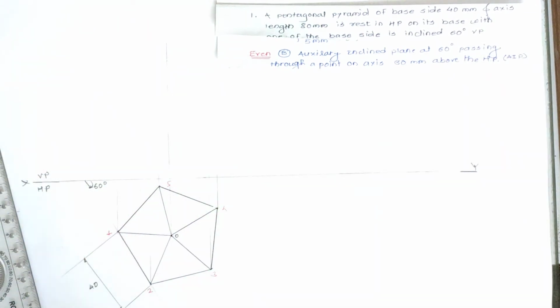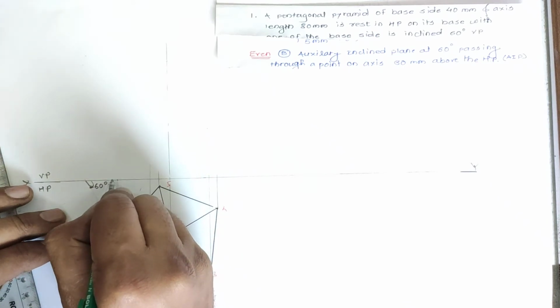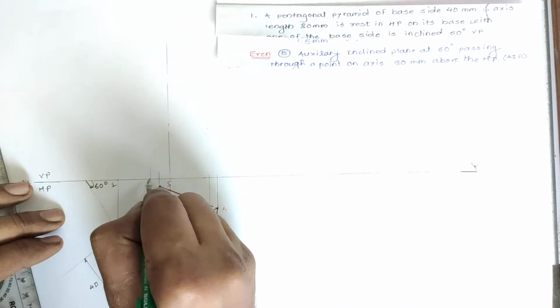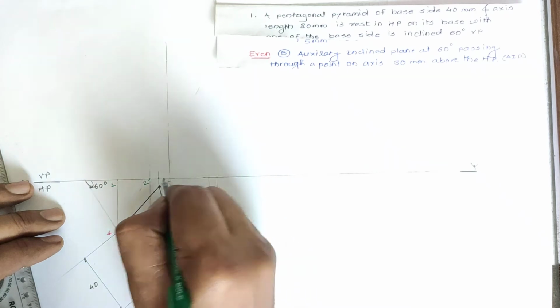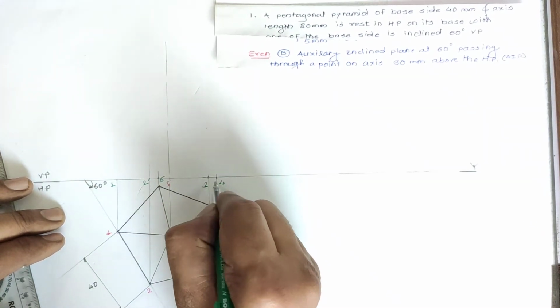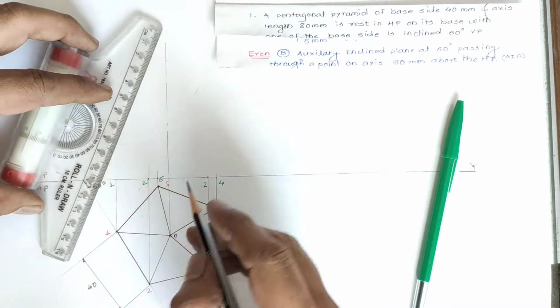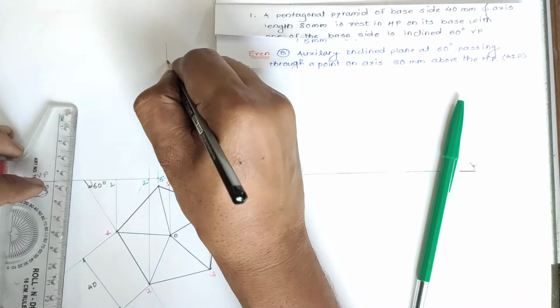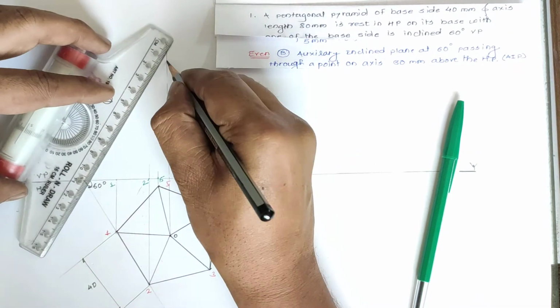Mark all the base points, that is point 1, 2, 5, 3 and 4, and connect them to the slant edges. The height given is 80 mm.